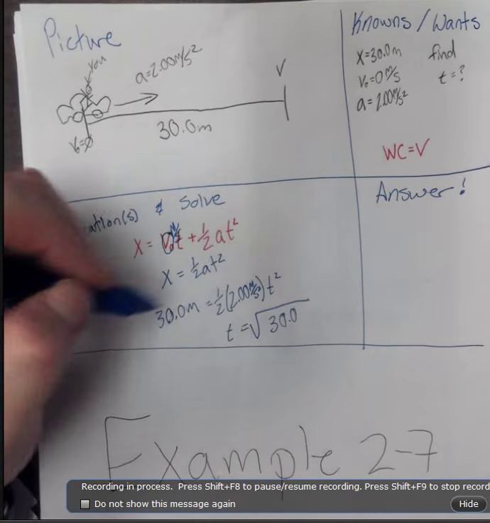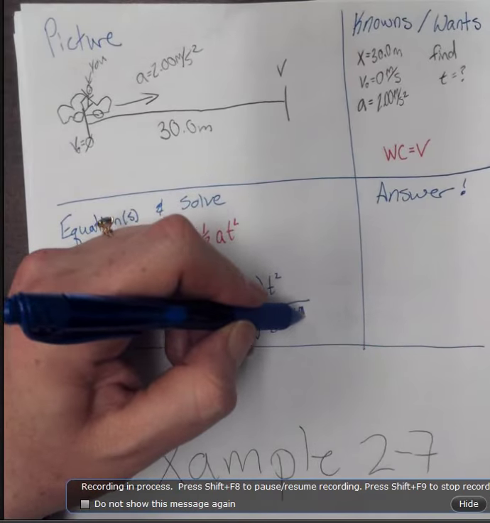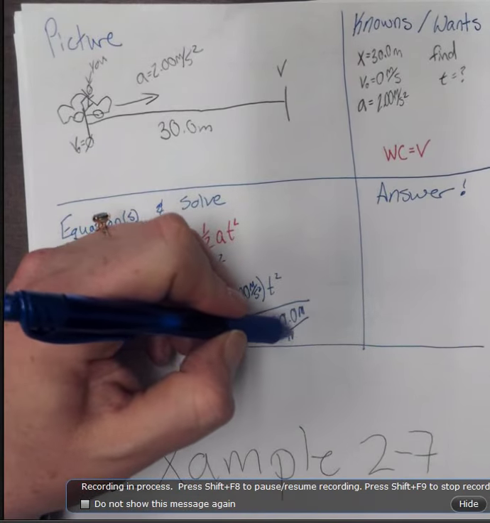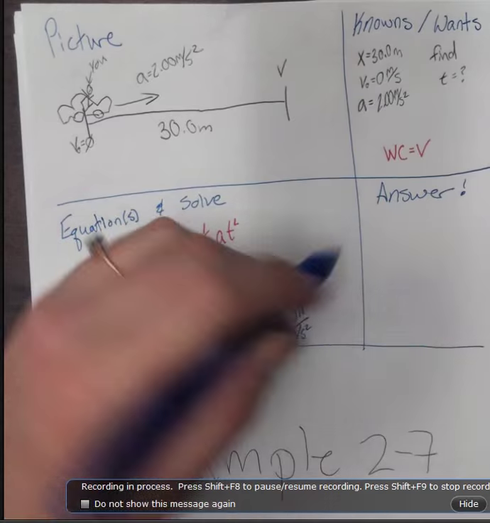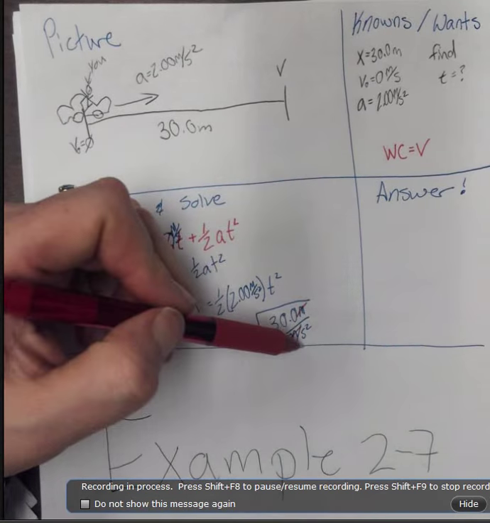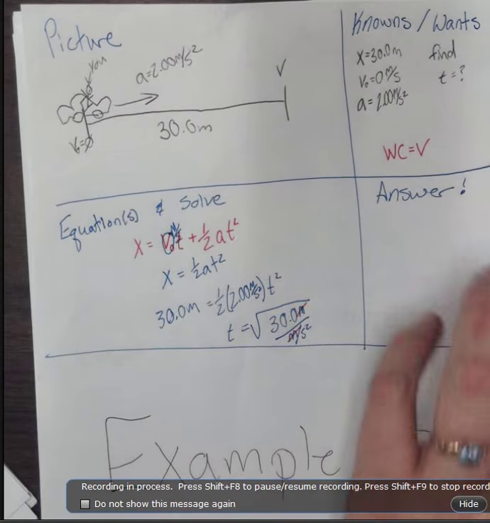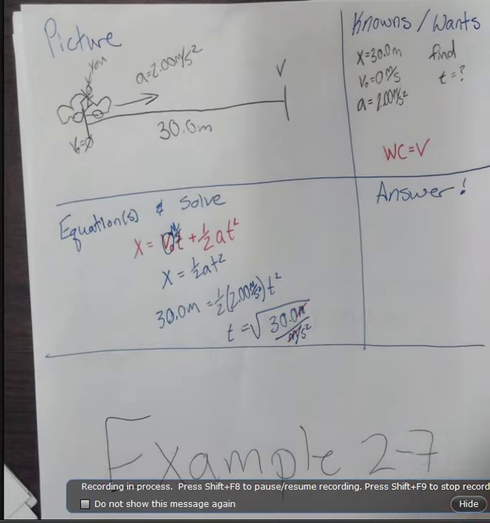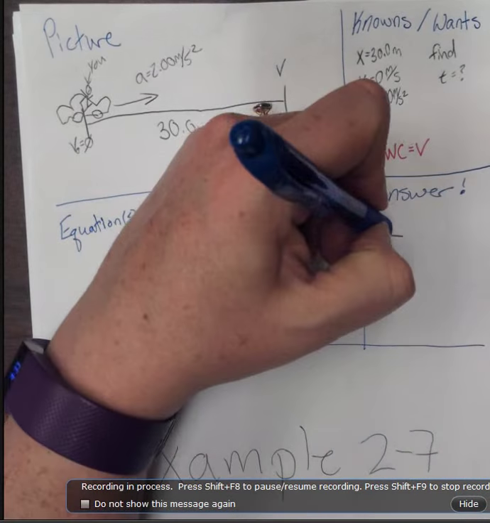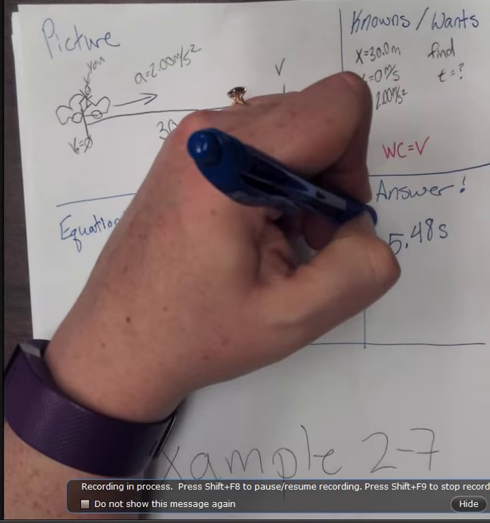And here for units, I'm going to have 30 meters divided by meters per second squared. So meters are gone. A fraction in the denominator becomes the numerator, so we're looking at the square root of 30 seconds squared, or 5.48 seconds. All right, that's what t equals.